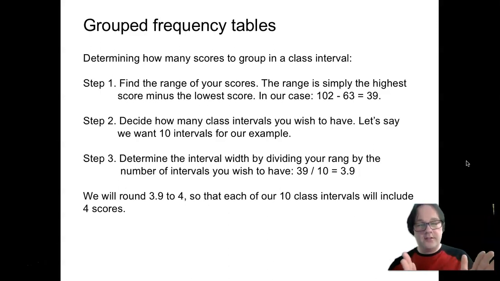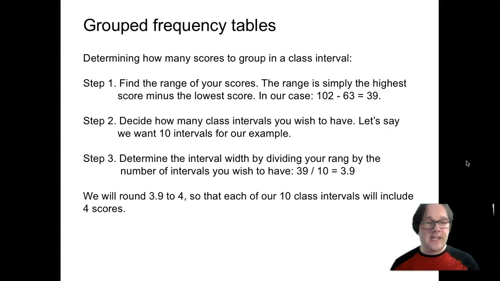We take our range and divide it by how many class intervals we want to have. We'll end up with 3.9. We just round that up to 4. So we have 10 intervals or 10 groups, and each one of those groups will contain 4 scores.